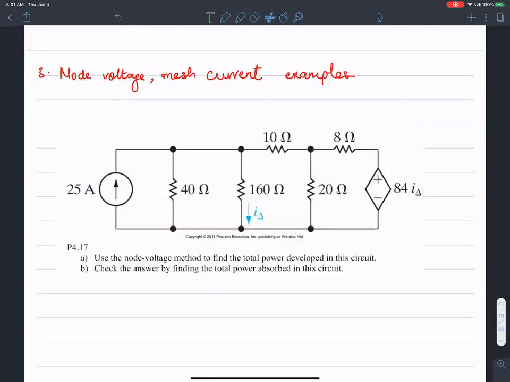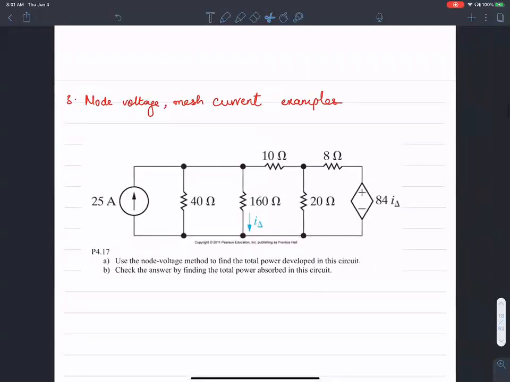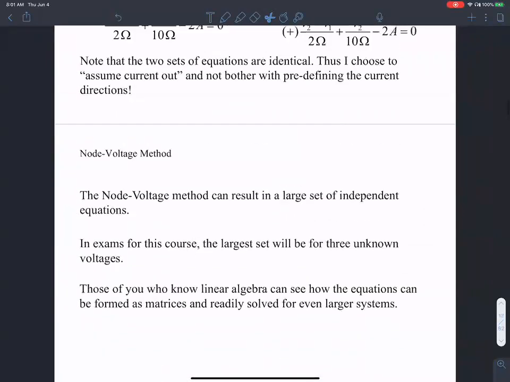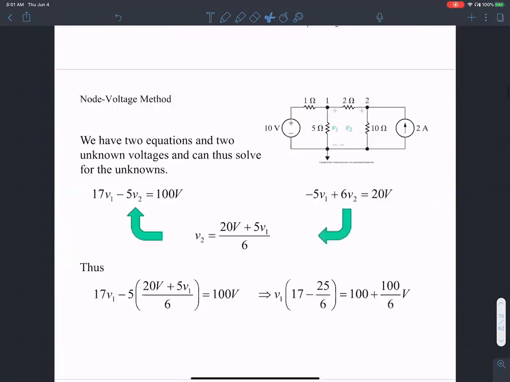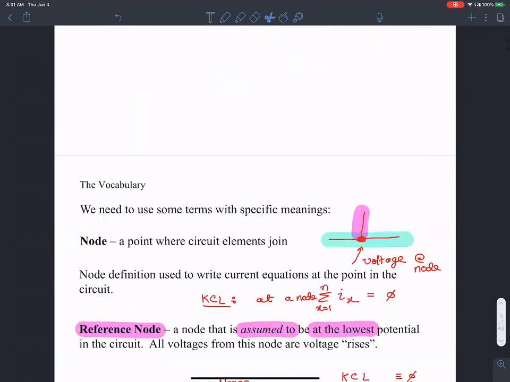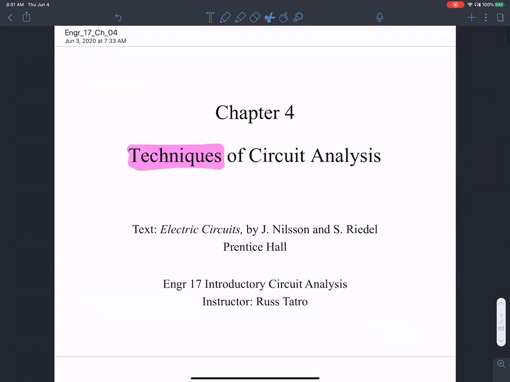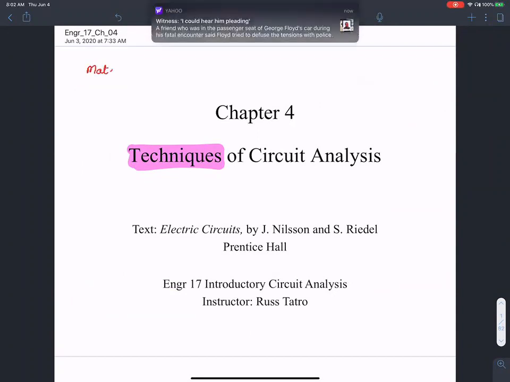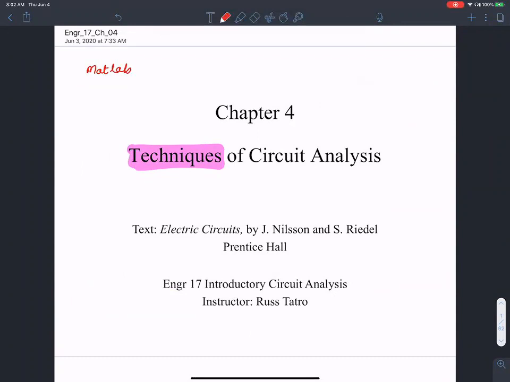Okay. So let's quickly review what we did in the last class. We started chapter 4, which is mainly techniques of circuit analysis. Before we went into the different techniques, I showed you how to use MATLAB: how to download MATLAB and how you can set up the so-called MATLAB code.